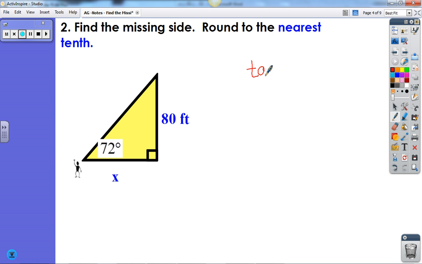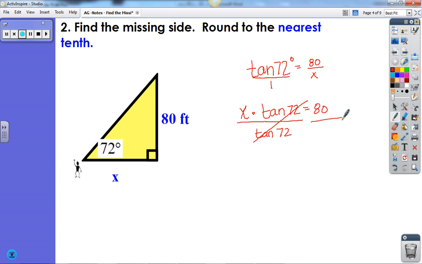I'm going to set it up as the tangent of 72 degrees equals 80 over x. Again, I've got proportions, so I can go ahead and cross multiply. So I've got x times the tangent of 72 equals 80. And then to get x by itself, I need to divide by the tangent of 72 on both sides.